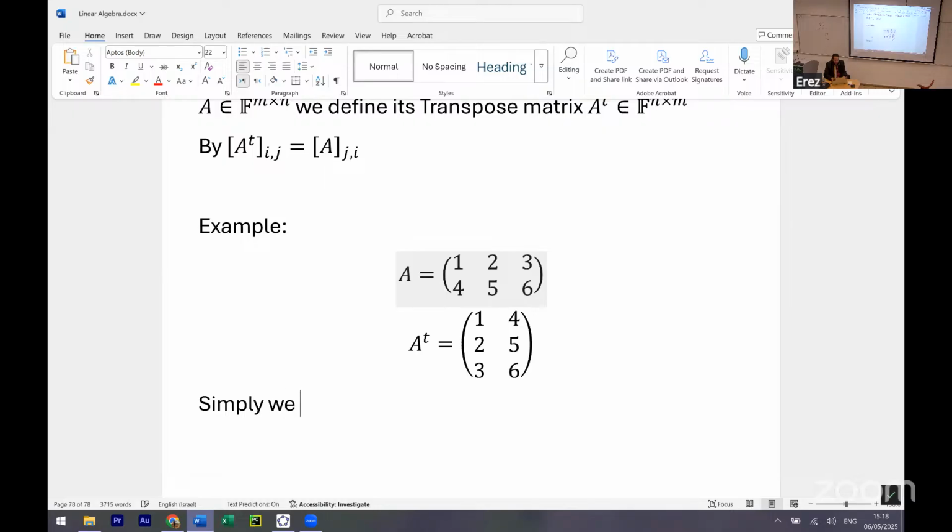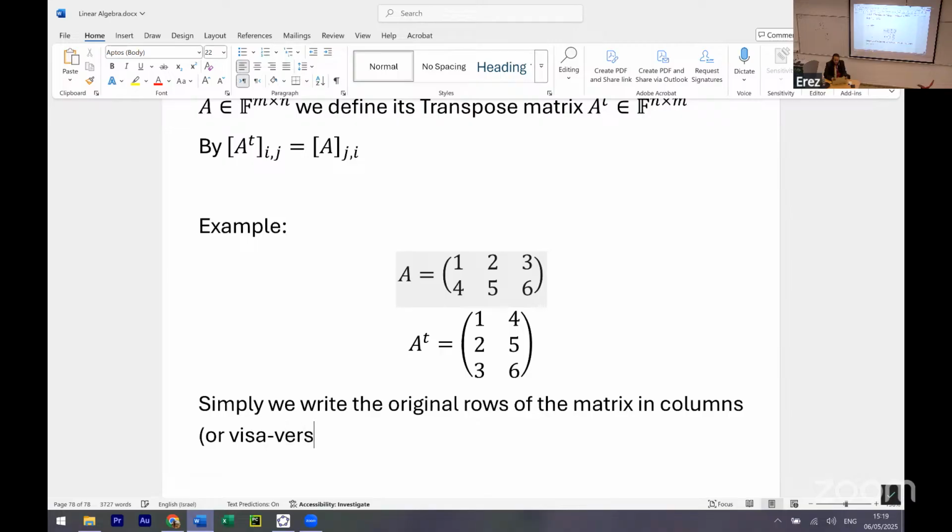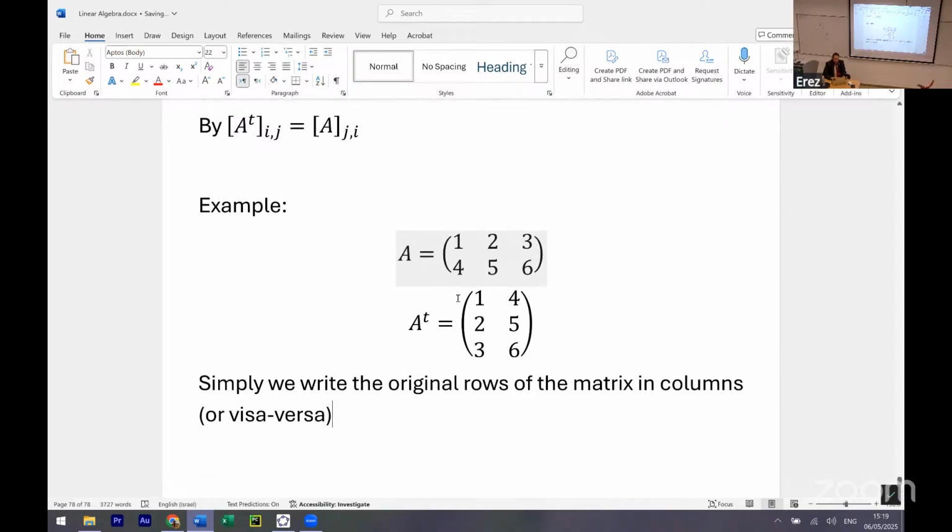Simply, we write the original rows of the matrix in columns, or vice versa, and the original columns of the matrix in rows. So it's kind of, I don't know, like putting it on the side.